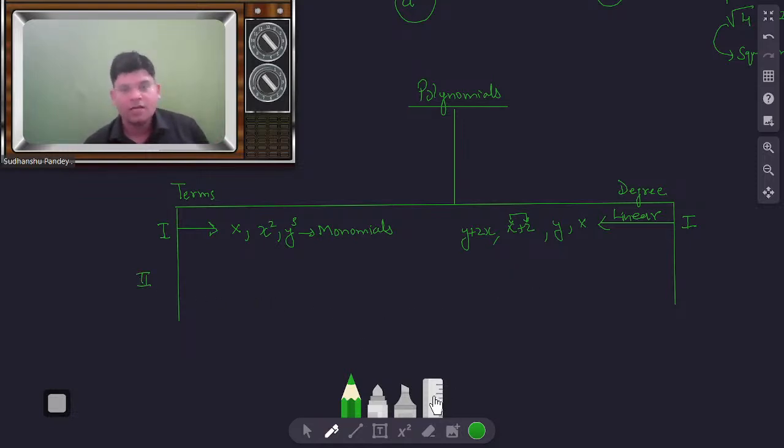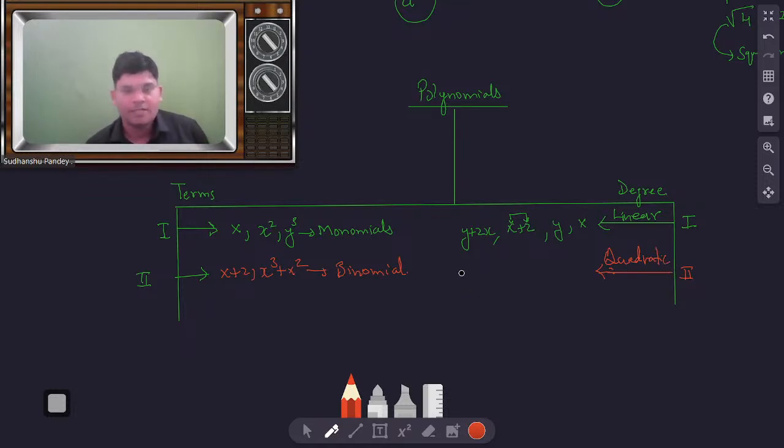Yes. If the number of terms is 2, suppose I am writing x plus 2 or x cube plus x square, then it is known as binomial. And if the degree of the polynomial is 2, then it is known as quadratic.